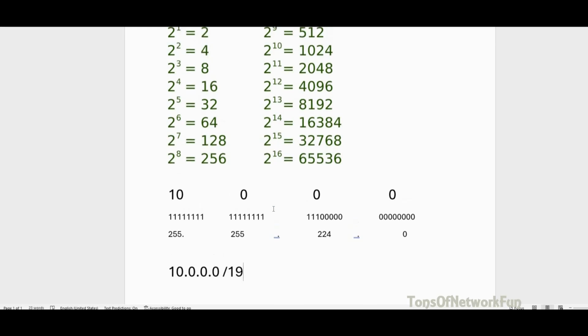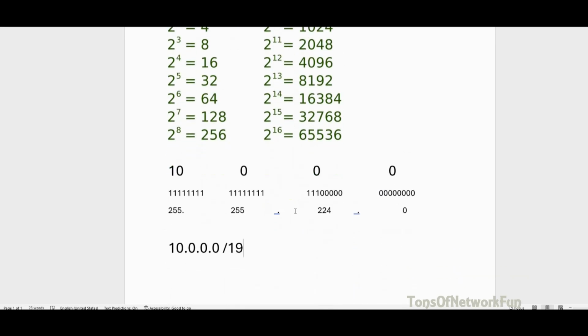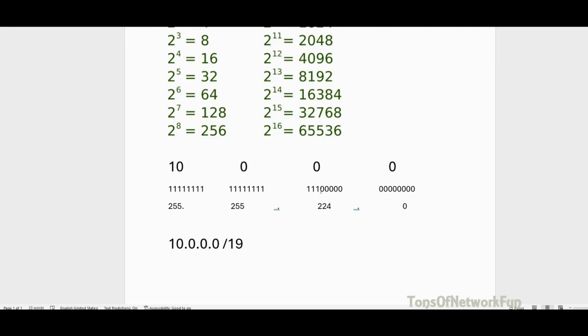Now the block size. What's the last borrowed bit's value? We are ending here. This is 32. That means 32 is the block size. So our network will end at 10.0.31.